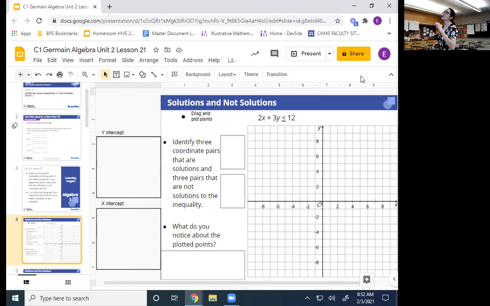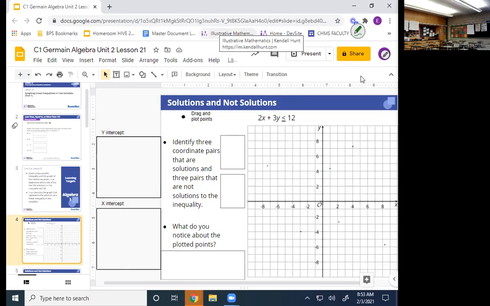Okay, so your first job here is to identify 3 coordinate pairs that are solutions and 3 ordered pairs that are not solutions to this inequality right here. So my suggestion is you go through and you pick some ordered pairs.